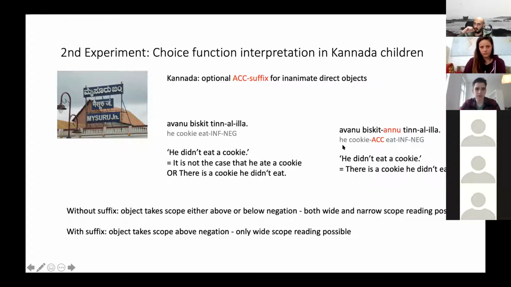So, as we know, the isomorphism effect shows us that children have a preference for surface scope interpretation. And since by adding the accusative, only the surface scope or wide scope interpretation is possible, we would assume the children could access those. So we would assume that they would understand the sentence with the accusative ending as wide scope, right?